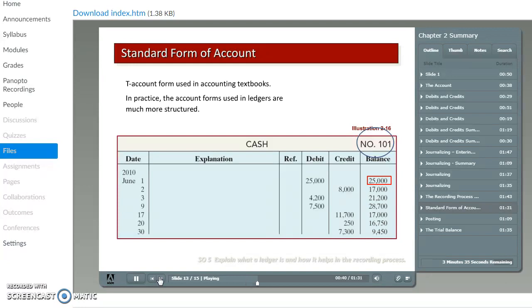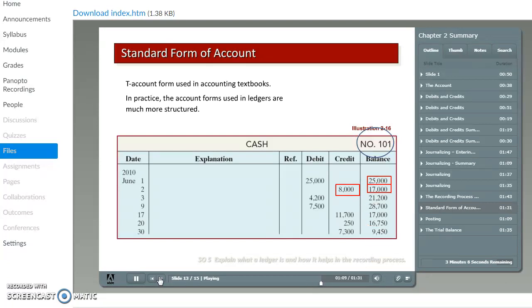The next journal entry that affected cash was on June 2nd, involving an entry into the credit column of cash for $8,000. From our new credit rules, we remember that credits decrease assets such as cash. Therefore, the balance on June 2nd after this transaction is entered is a $17,000 debit balance.